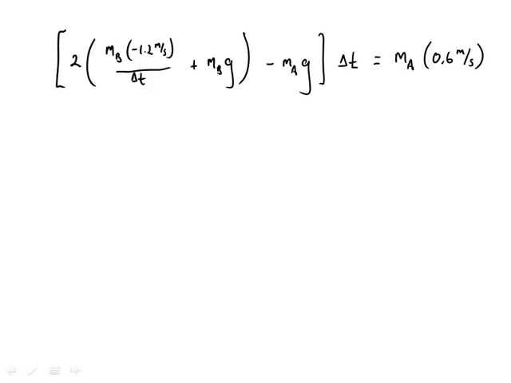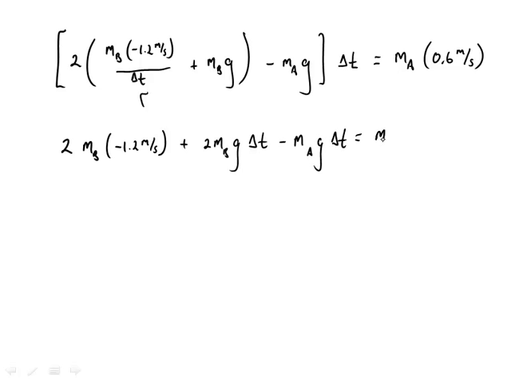I'm going to bring the delta t inside the square brackets and inside the parentheses, and I'm going to get 2 times the mass of B times minus 1.2 meters per second. And when this delta t comes in, it'll cancel that one in the denominator, plus 2 times the mass of B, g, delta t, minus the mass of A, g, delta t, equals the mass of A times 0.6 meters per second.